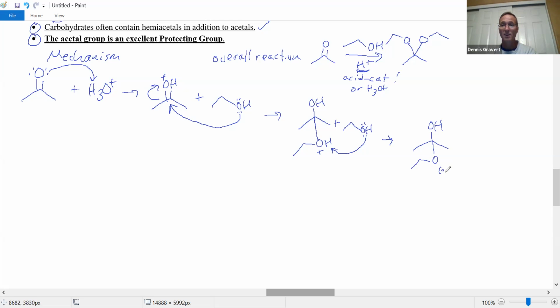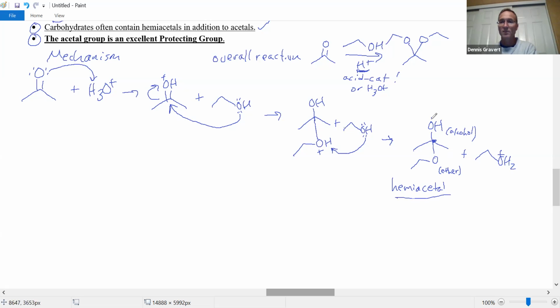And now we have our ether with the alcohol on a common carbon. Here is the hemiacetal. Carbohydrates form this as a somewhat stable intermediate. I'll point that out in the biological example at the end of this video. The ethanol molecule, the extra solvent molecule we used, is protonated now. It has extra H plus.